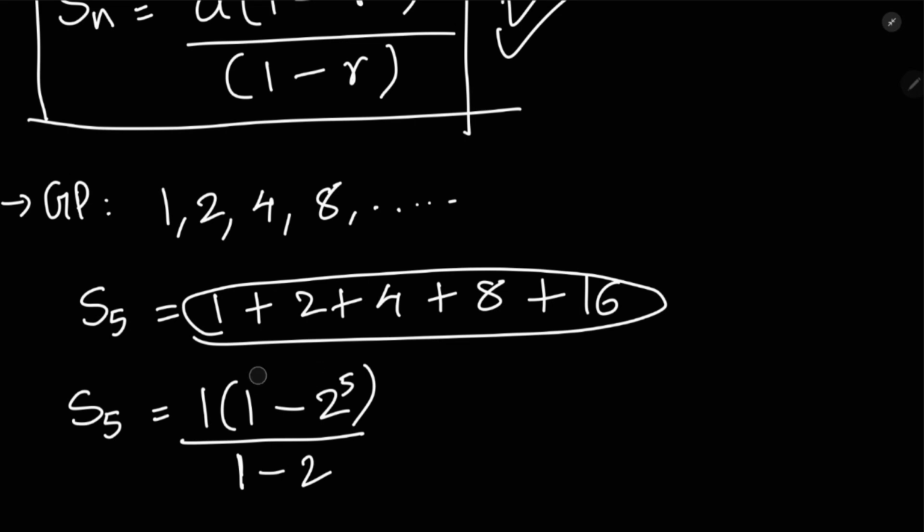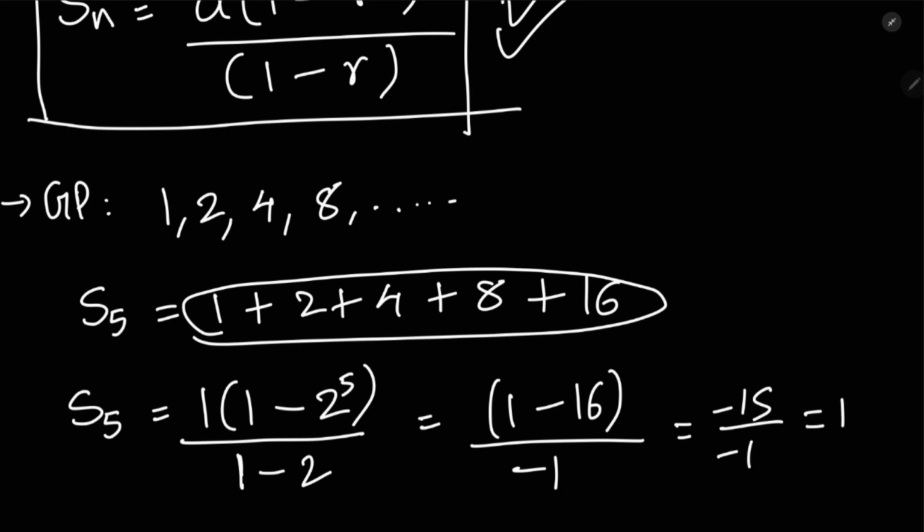So this will just be 1 minus, and 2 power 5 will be 16, and divided by minus 1. So this is minus 15 by minus 1. So just, this is only 16. This will be 32, not 16.